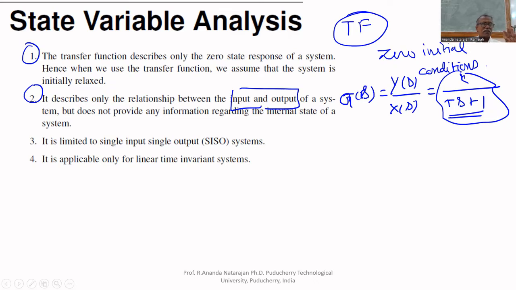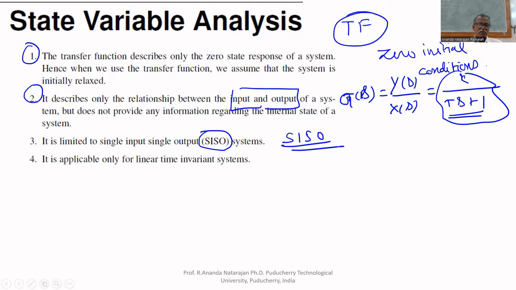But in a transfer function model, that is a SISO system, we are considering only output and input. In a car, we model speed versus acceleration input. We cannot consider other variables in the transfer function model. So the transfer function is limited to SISO systems, single input, single output.